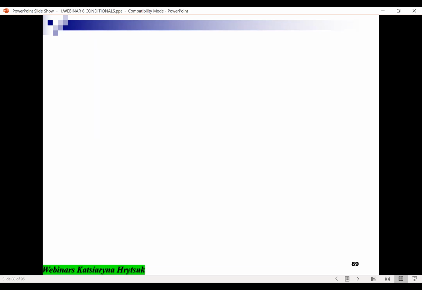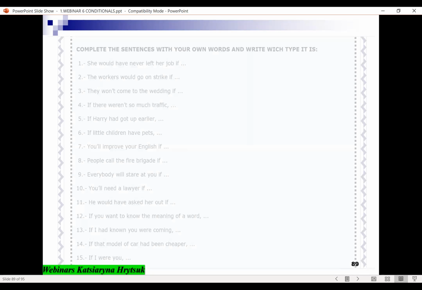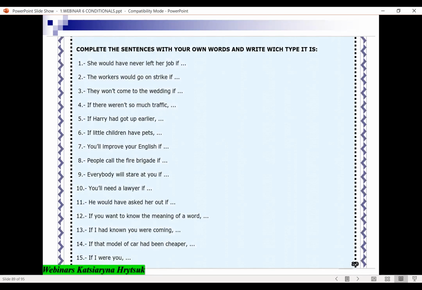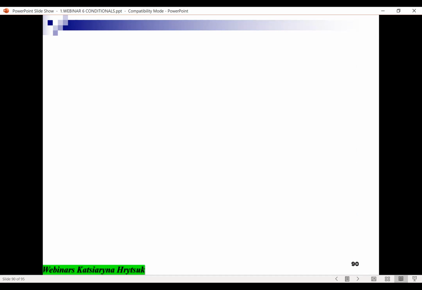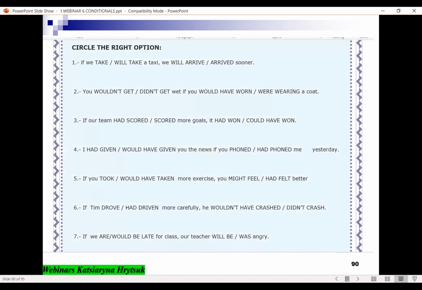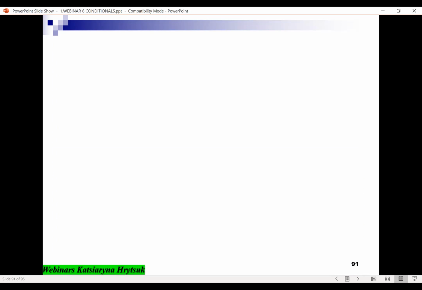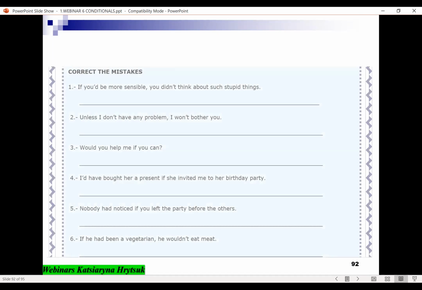Then you need to complete the sentences with your own words and write which type it is. Then circle the right option for each conditional and correct the mistakes.